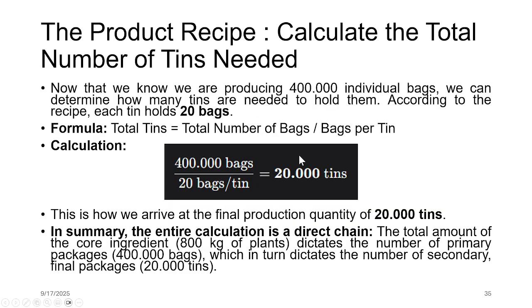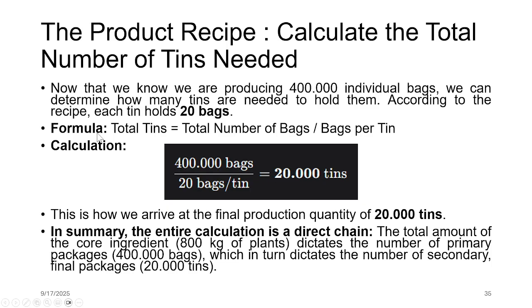Now we know that we are producing 400,000 individual bags, so we can determine how many tins are needed to contain them. According to the production recipe, each tin holds 20 bags.